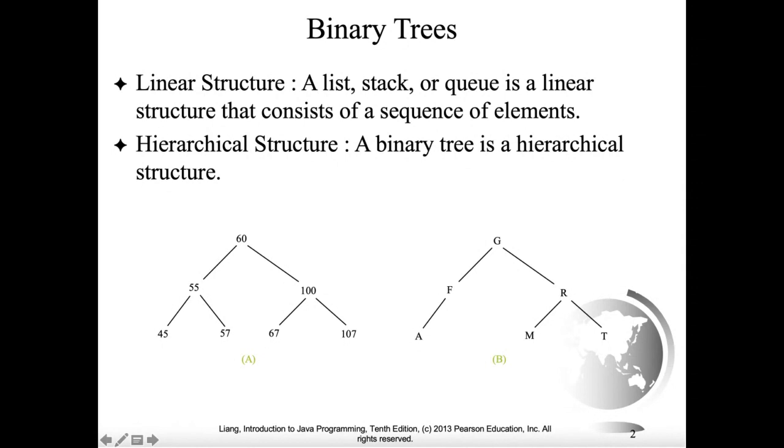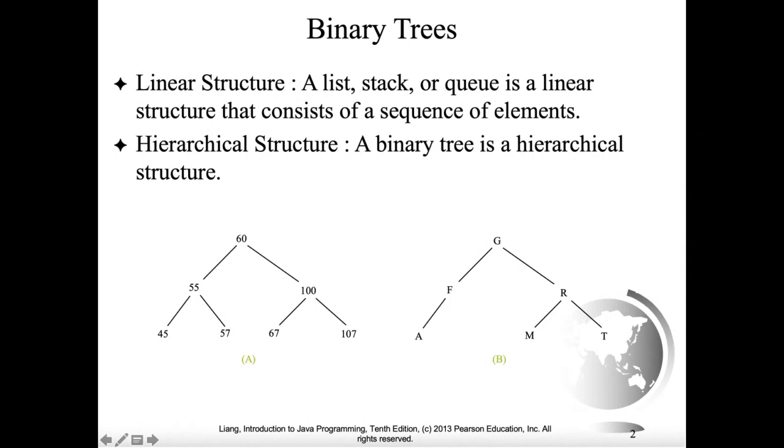And the root is usually the starting point of it. It has a value, and then we have a bunch of subtrees, and the subtrees are going to be the children of the root.